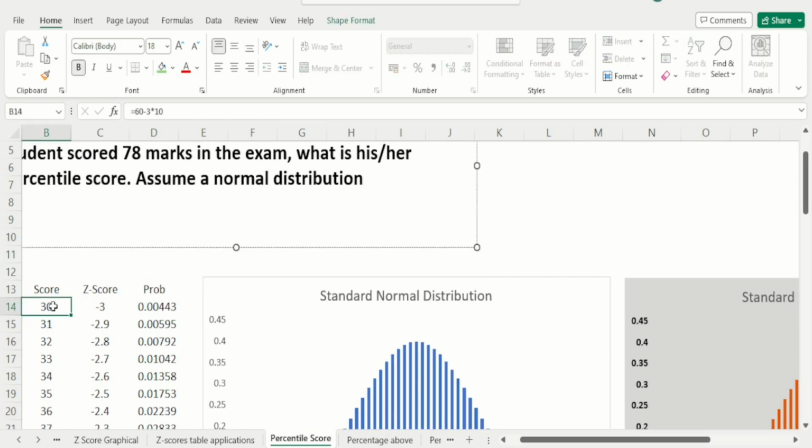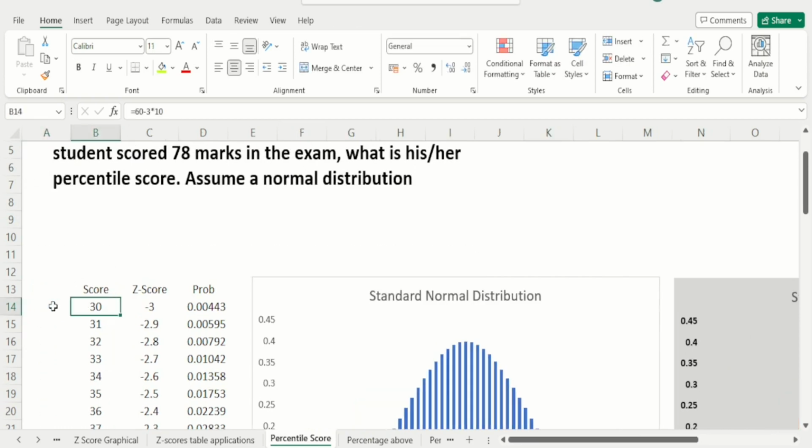You can observe in the formula bar how we arrived at this number. The 60 in this formula is the mean, minus 3 times the standard deviation of 10, which gives us the minimum point of the data distribution. From there onwards, our maximum point is the mean, which is 60, plus 3 times the standard deviation, in this case 90.